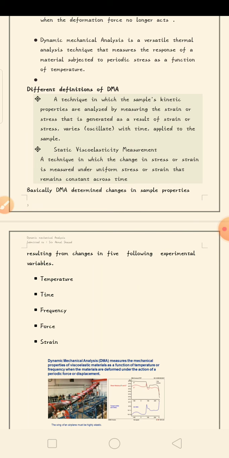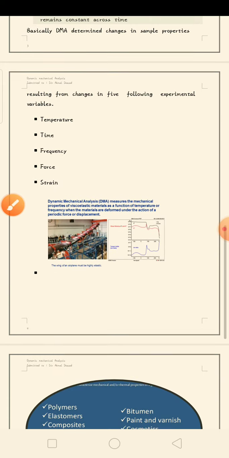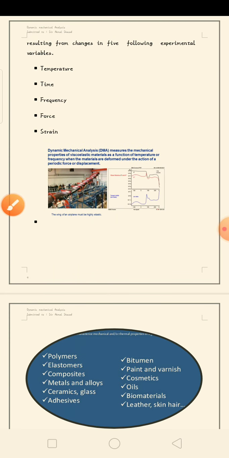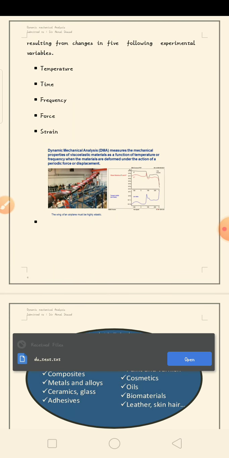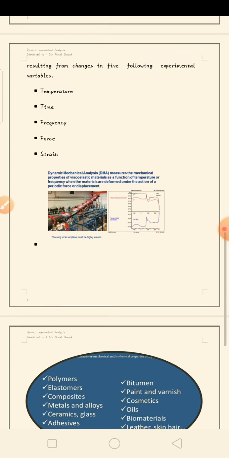The experimental variables are: first, temperature; second, time; third, frequency; fourth, force; and fifth, strain.